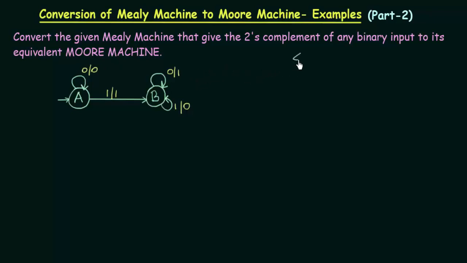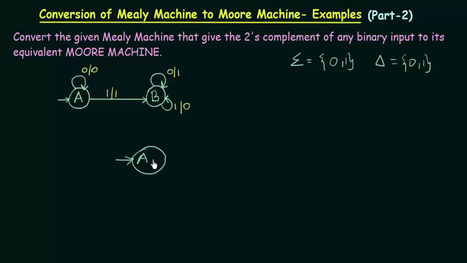So before we start, let's know what are our inputs and outputs. Here our inputs are 0 and 1 and outputs are also 0 and 1. Okay, so how do we start? We start with the starting state, that is state A. A is my starting state or the initial state, and we see that A on getting input 0, it goes to A itself and gives the output 0.